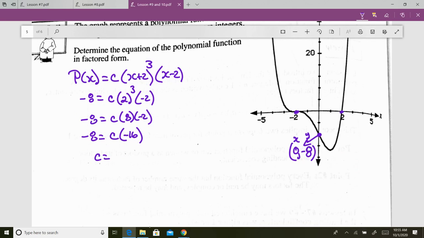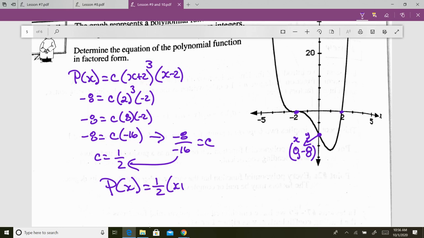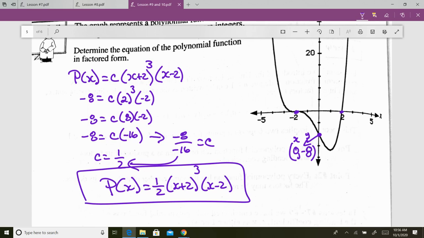Divide it off, I get positive 1/2. Negative 8 over negative 16. Are we good with that? So the actual equation of this function is 1/2 x plus 2 cubed, x minus 2.